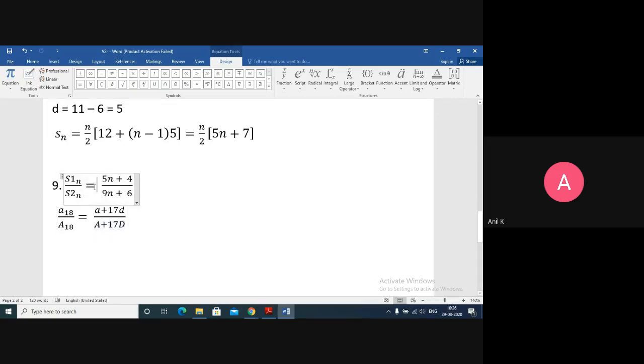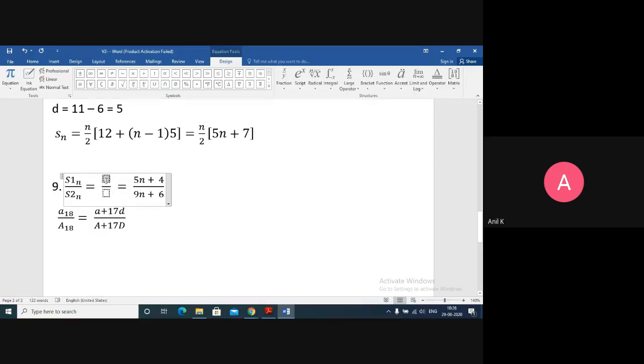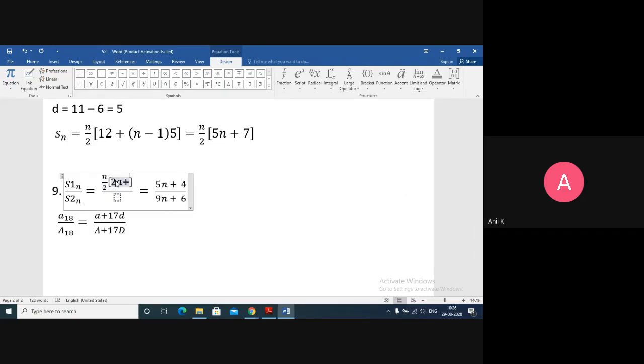Now here, let me put one more equality. I am going to write the formula for the sum of n terms of the first AP. The formula is n upon 2 into 2a plus n minus 1 into d.